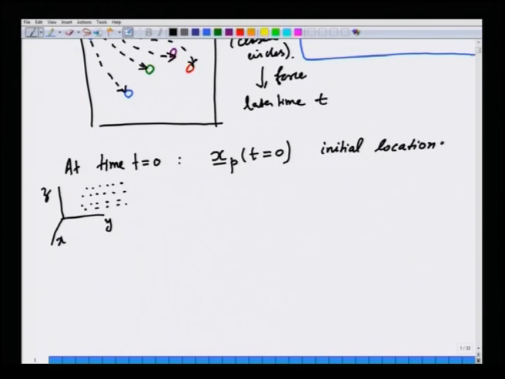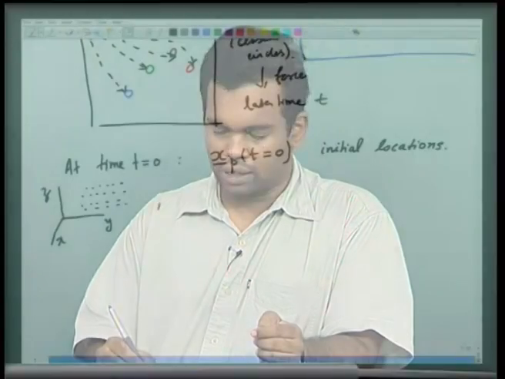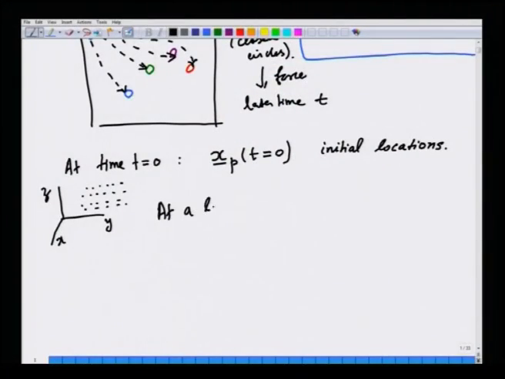Okay. The idea is you are identifying each particle, fluid particle, on the basis of its initial location with respect to a coordinate system, and at a later time what will happen is that these initial locations, the points that are identified by their initial locations, will in general evolve to a current location.